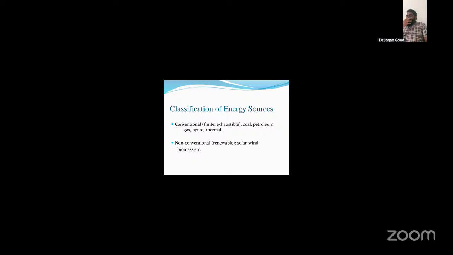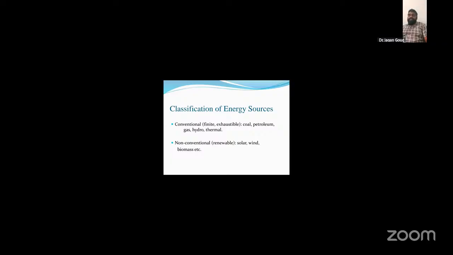Technology: conventional is mature and widely used, but non-conventional is developing and expanding. Cost: conventional energy sources have low initial cost, but non-conventional have higher initial cost and lower running cost.